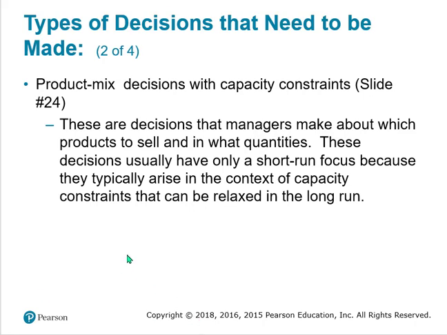Now, product mix decisions are another type of decision managers make in conjunction with capacity constraints. Okay, and these are decisions that managers make about which products to sell and in what quantities. And they usually only have a short run focus because they typically arise in the context of capacity constraints that can be relaxed in the long run.